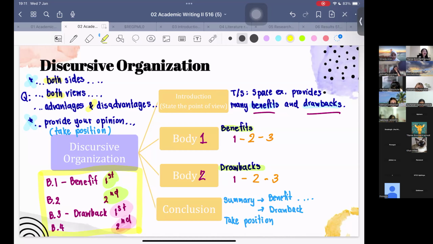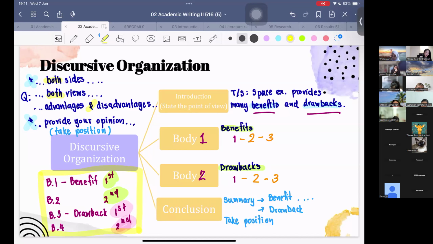If you provide one benefit, you need to write one drawback. If you write two benefits, you need to have two drawbacks as well. Make sure it's equal, not more. If you go for two benefits, then two drawbacks. Yes, you can go with three benefits, but make sure you have three drawbacks.